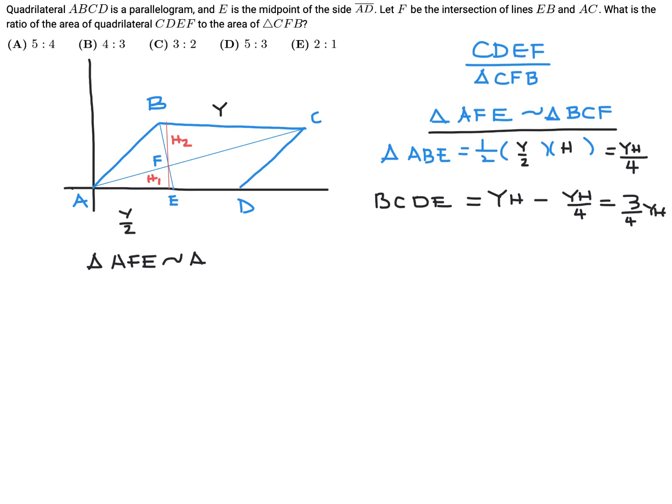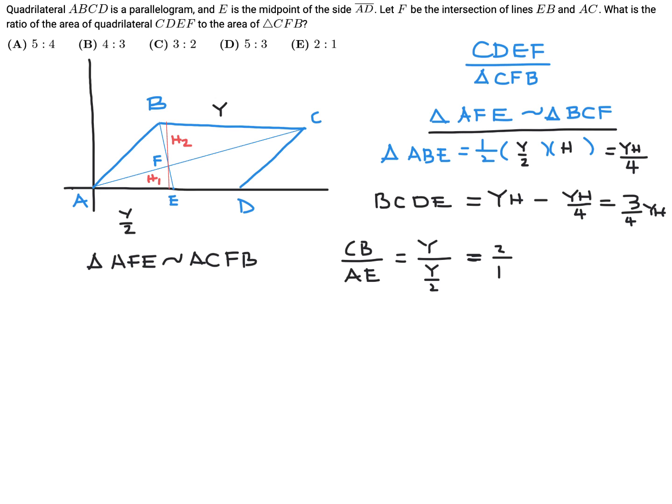I just switched the letters for some reason, but it doesn't matter. It's the same triangle, same three endpoints. Okay, so using similar triangles, CB over AE would be Y over 2, and that would be 2 over 1.